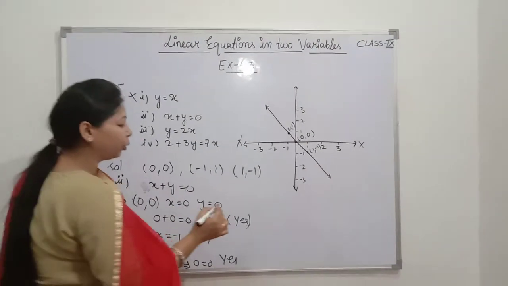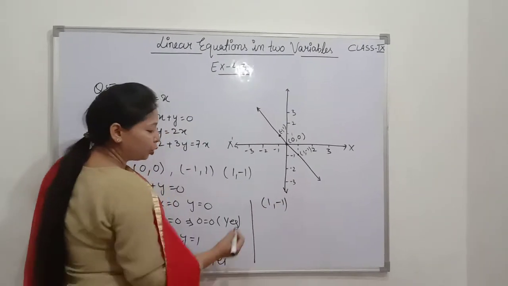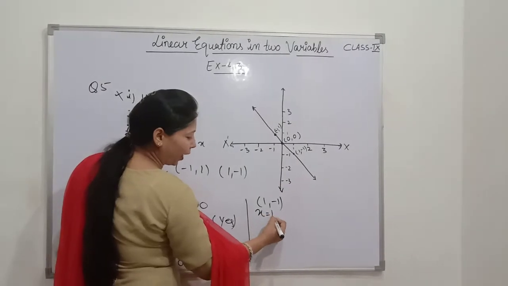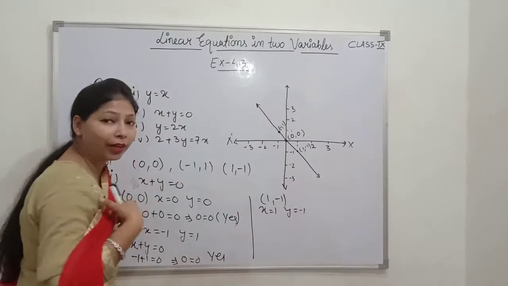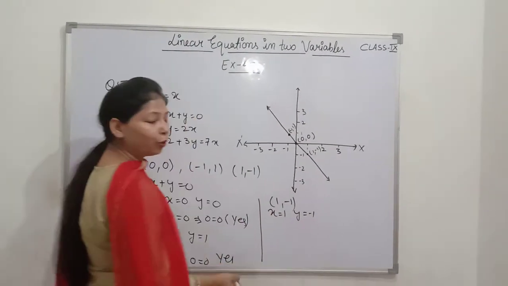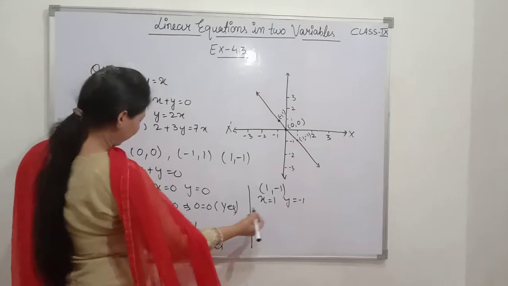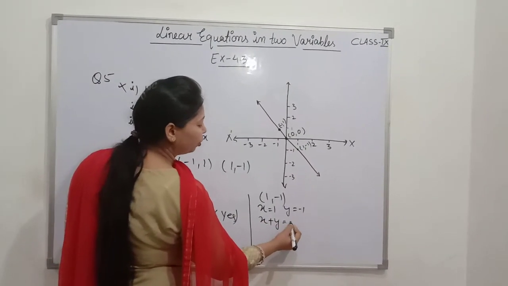So I can say yes on the second point. Now we are left with only one point, that is 1 minus 1. So x is equal to 1 and y is equal to minus 1 in this case. The first coordinate is 1, so the value of x is 1, and the second coordinate is minus 1, so the value of y is minus 1. Now let us check my equation. The equation is x plus y is equal to 0.